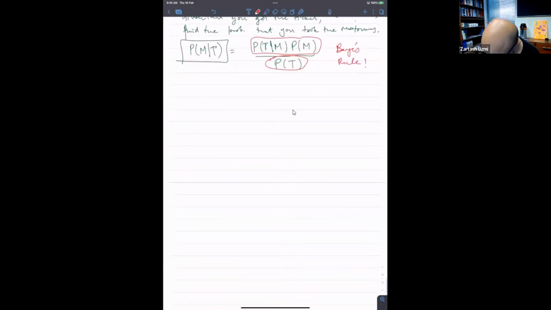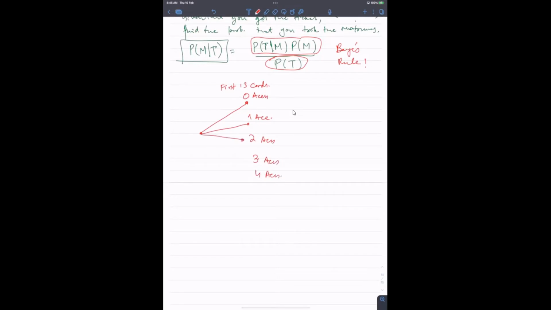So in the first 13 cards, you have 0 aces, or you can have 1 ace, or 2 aces, or 3 aces. You can also have 4 aces, by the way. There is no other possibility, right? Yes. And if you get 4 aces, then the probability of getting an ace on the 14th card is now zero.